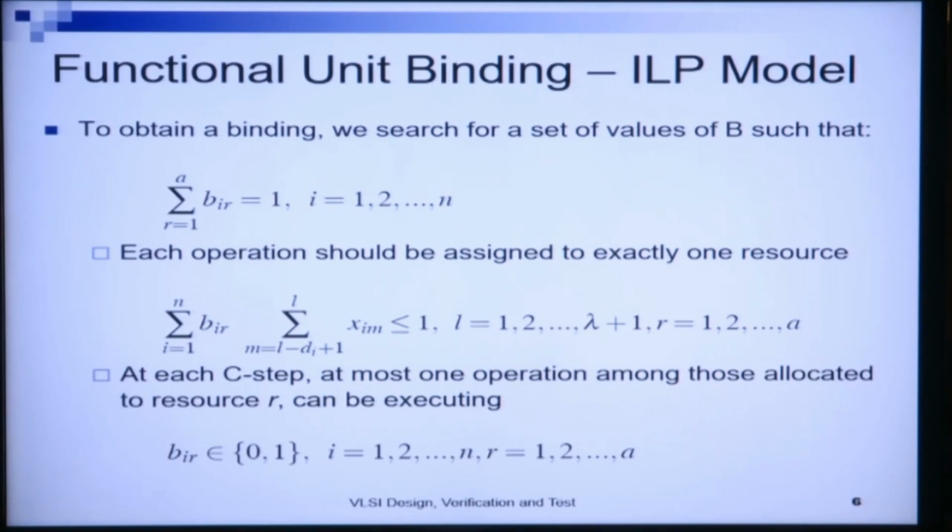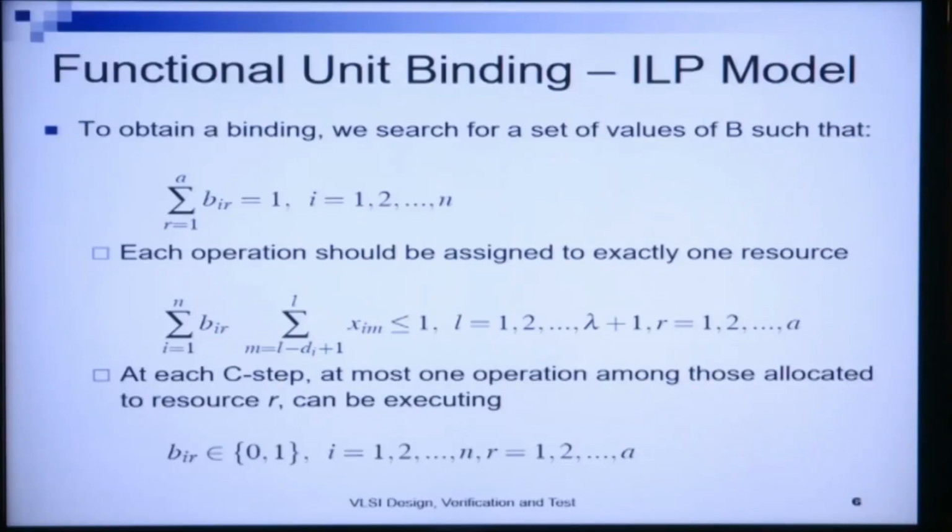And when will operation i be executing at time step l? If it has started at most d_i time steps earlier than l. If it has started even earlier than d_i time steps from l, then it has already finished. If it has not started, then it is not executing.